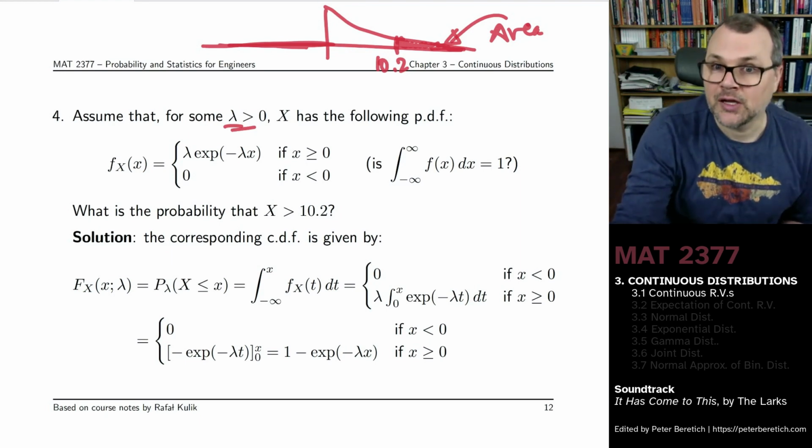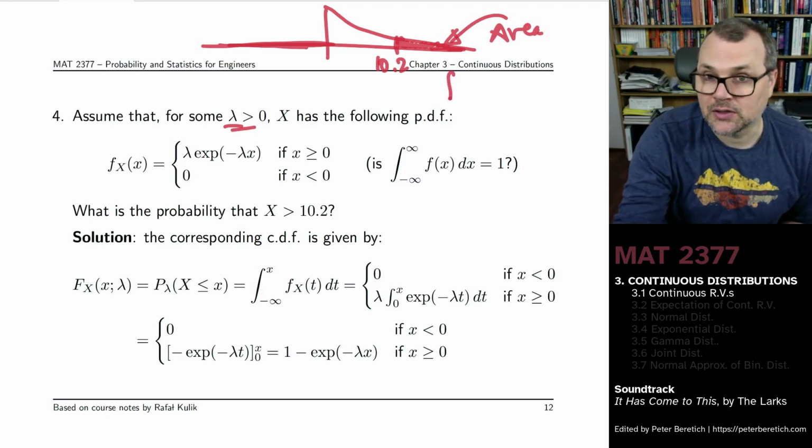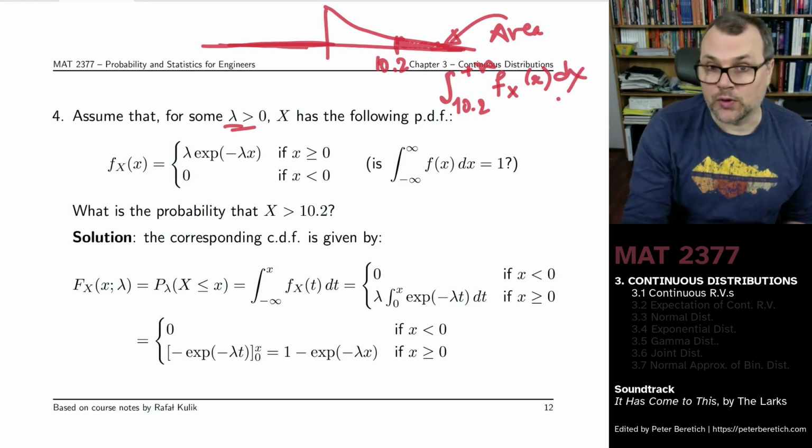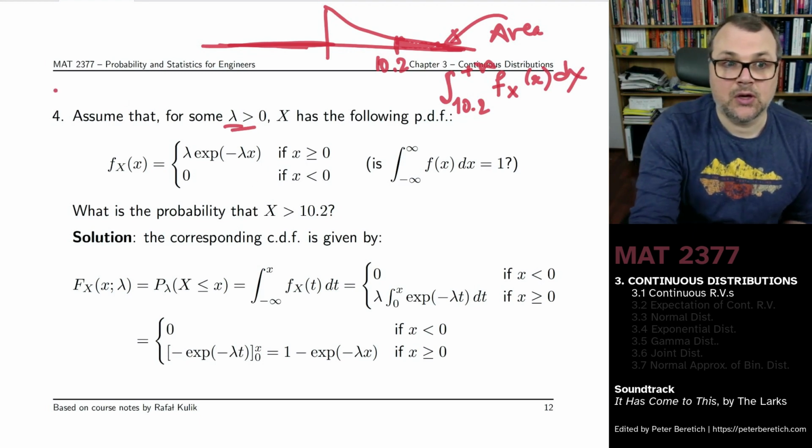Now, in theory, what you're really computing is this thing. That's the area of interest to you, which, if you want, is going to be the same thing as 1 minus everything else that came before.